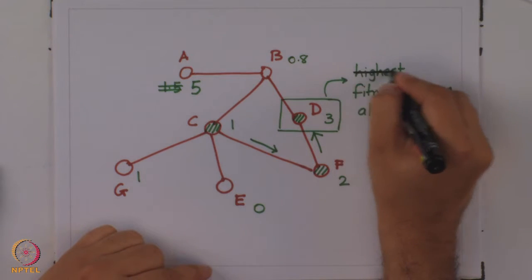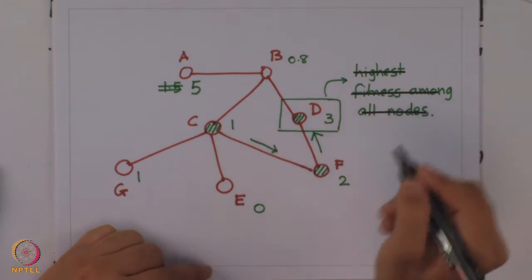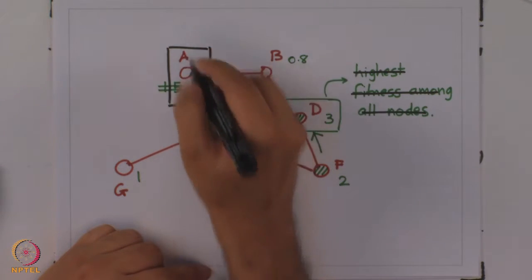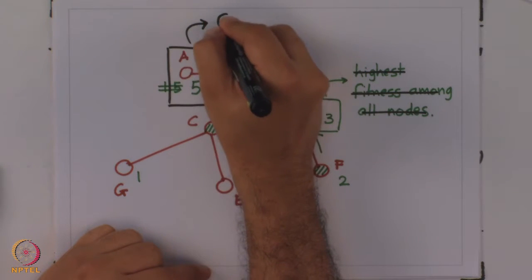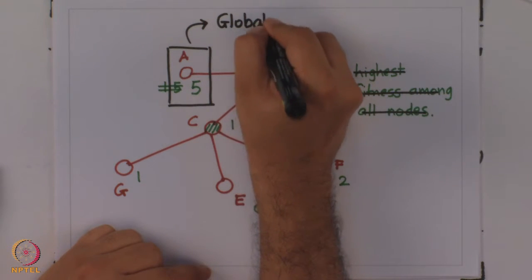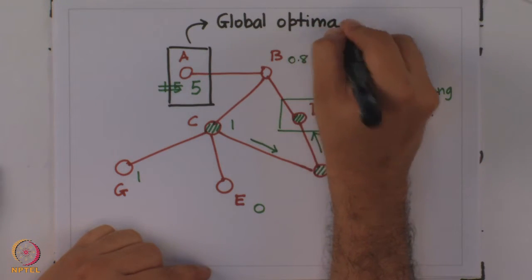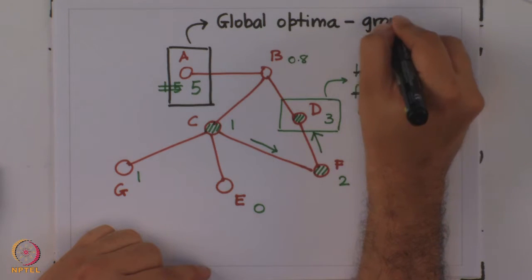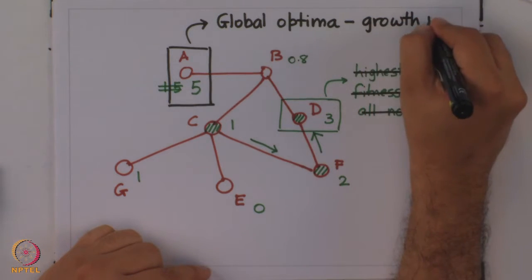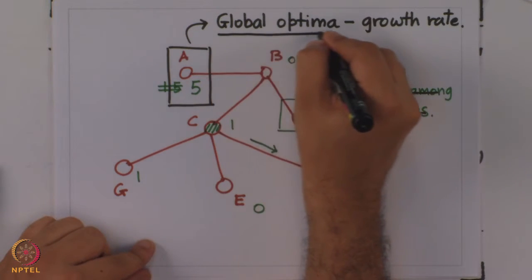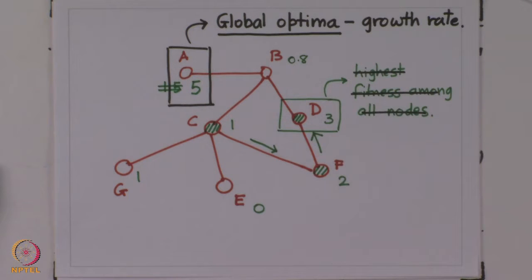Now node A is the highest fitness, and for that reason this is called the global optimal in terms of growth rate associated with bacteria. So, this is the global optimal value of growth that individuals carrying one of the sequences defined by these nodes can hope to reach.